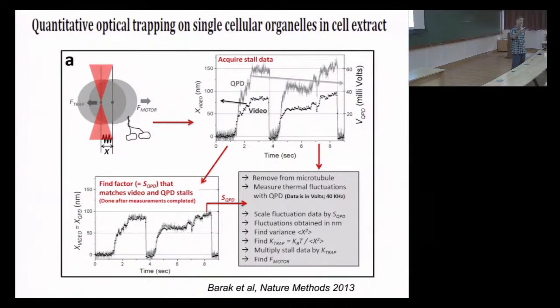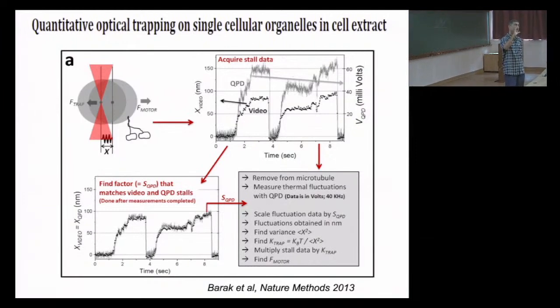But to exactly calibrate my quadrant photodetector, I need to know the exact size of the lipid droplet, which I don't know. It can be 30, 40 nanometers here and there, I have no idea. So I want to correct for that by using this method. How do you get the maximum force of the optical trap?